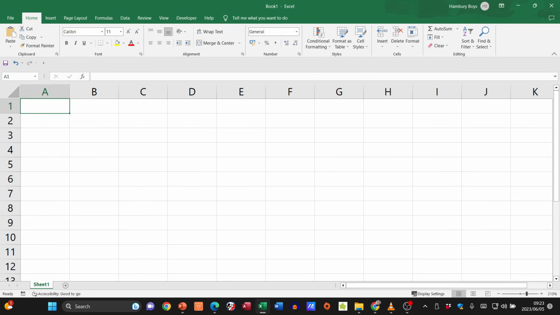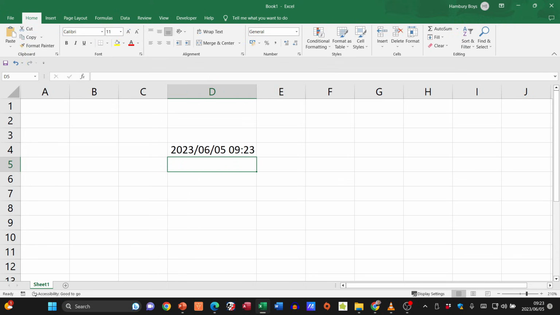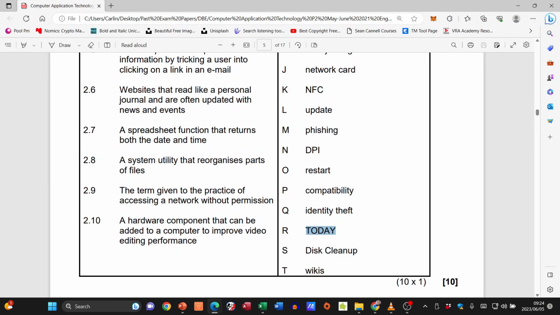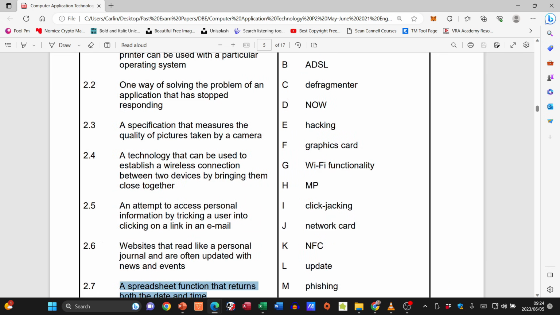So we're going to go equals NOW and equals TODAY. Do you see TODAY gives you date, NOW gives you date and time. What was our question? A spreadsheet function that returns both the date and time. What's that going to be? That is going to be NOW.